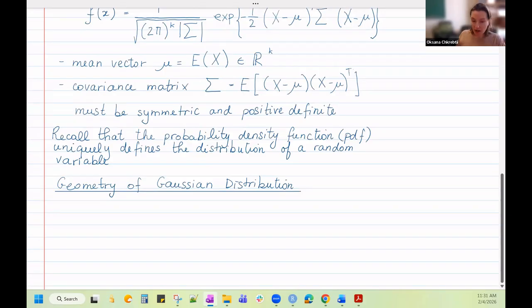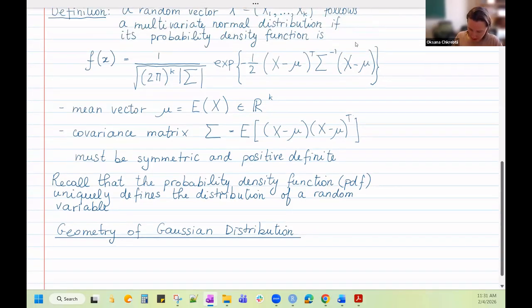So the geometry of the multivariate normal random variable's density is defined by, as I mentioned, this Mahalanobis distance. This is where the dependence of the PDF on x comes from. It's a function of this exponent here.